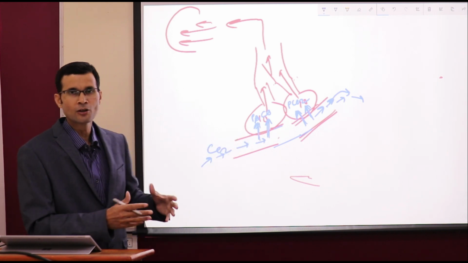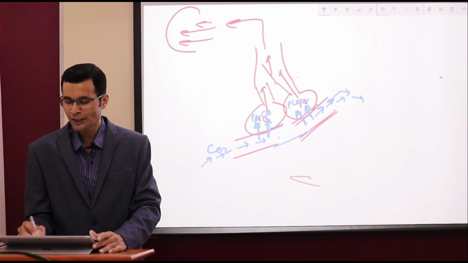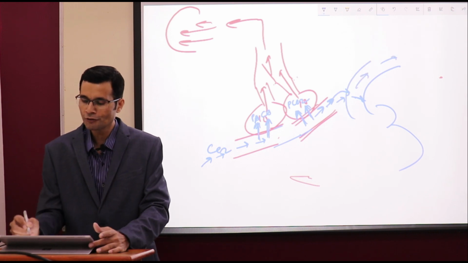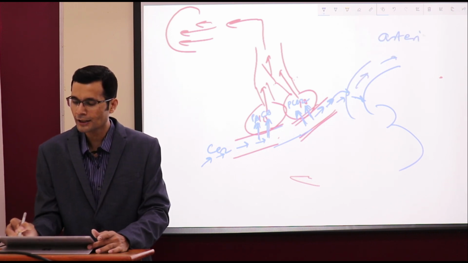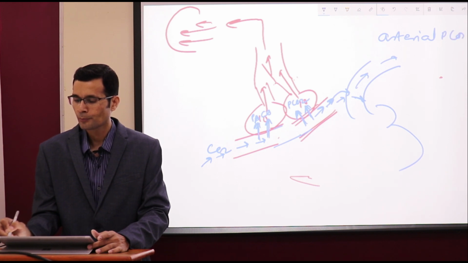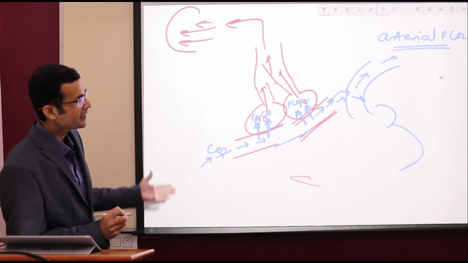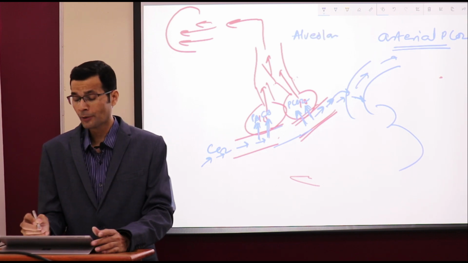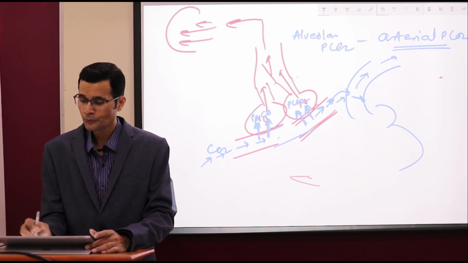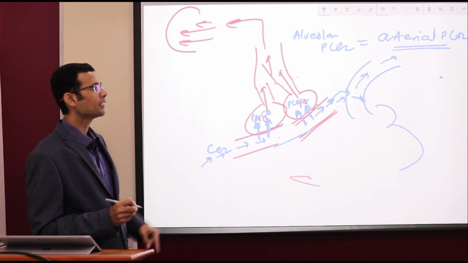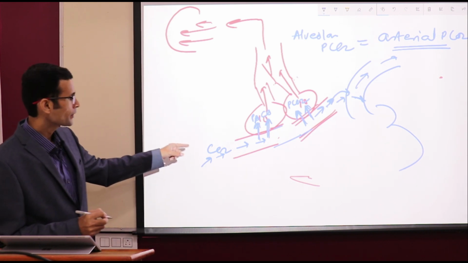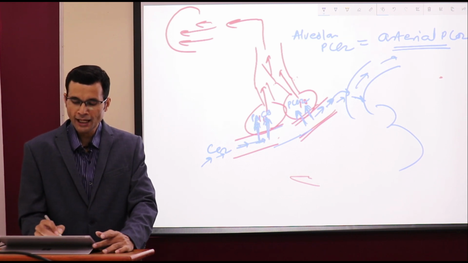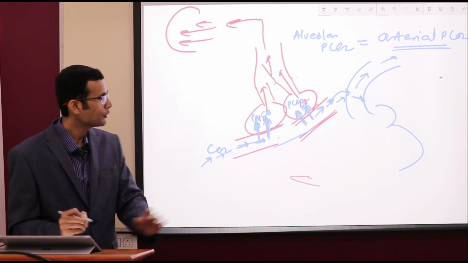And then this blood will now go to the left side of the heart. Imagine this is the oxygenated blood now. So this is going to the left side of the heart, and the left side will pump it into the artery. So here we are looking at the arterial PCO2, and we are saying that alveolar PCO2 is the same as arterial PCO2. Imagine that the CO2 came into the pulmonary capillary blood and into the alveoli.